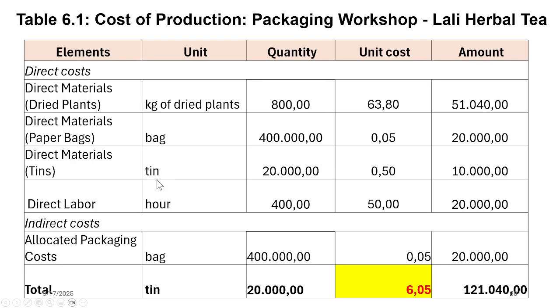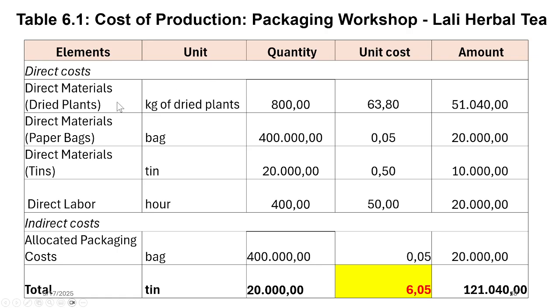Here you can see a table of the cost of production of the packaging workshop for the Lily herbal tea. We look at the first column, the element. I put here the direct cost, and the first one is direct material, which covers all of the material and packaging used.